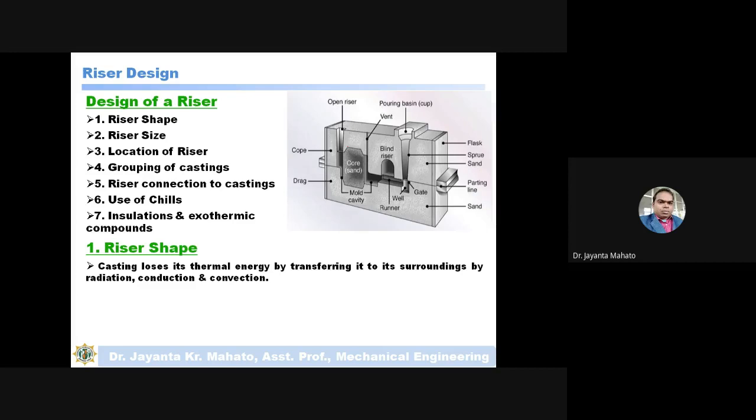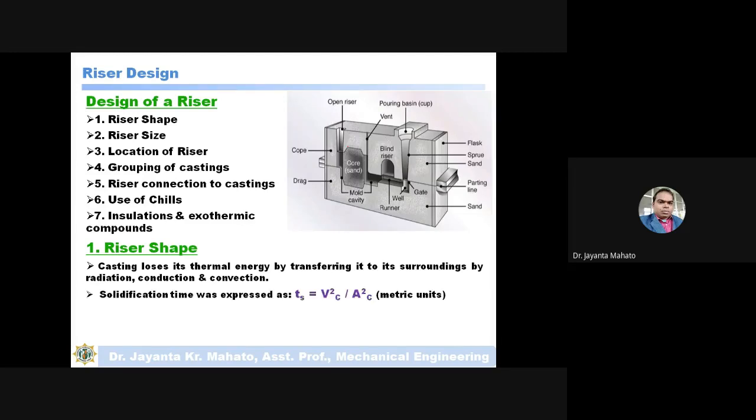Not only in the case of casting, all heated material will lose its thermal energy by transferring its heat to its surroundings by radiation, conduction, and convection. This is the general behavior of a heated solid body.